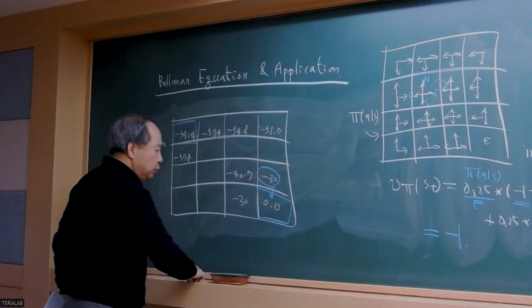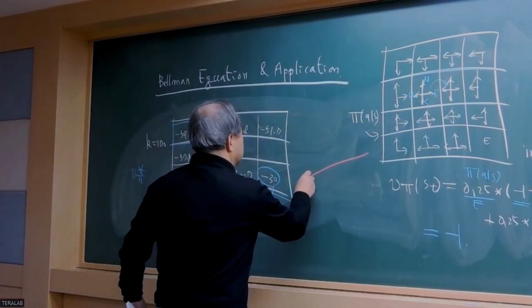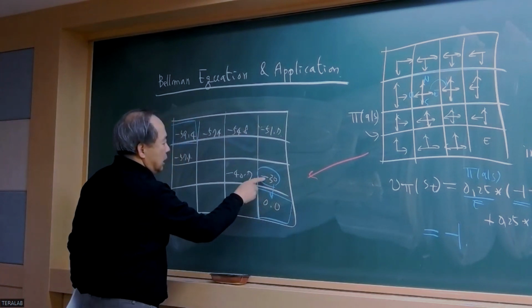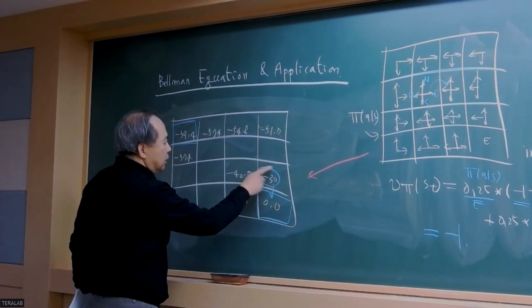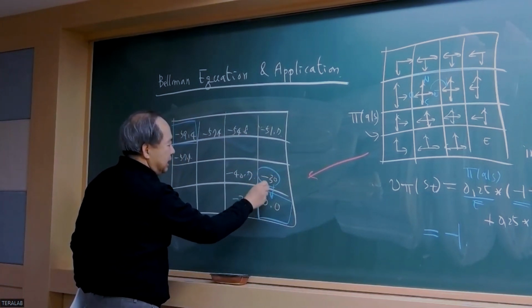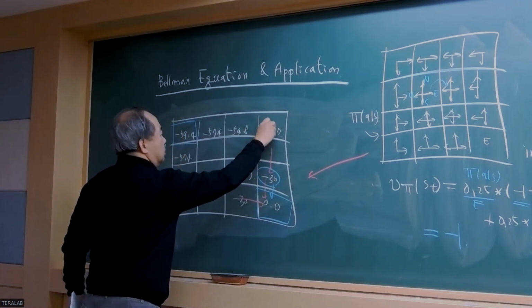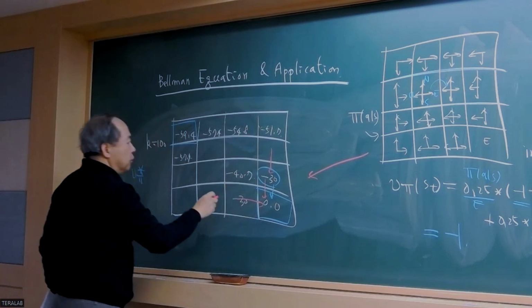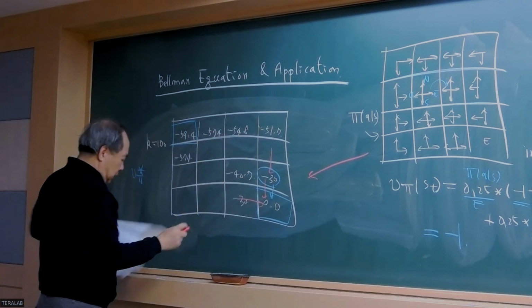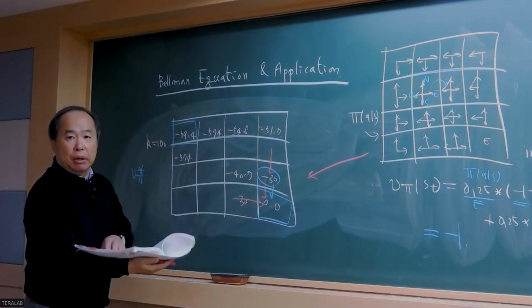Then what you can do is update this policy by looking at the smallest number adjacent to your state: this direction, this direction, this direction, this. From the updated table, you can update these policy arrows.